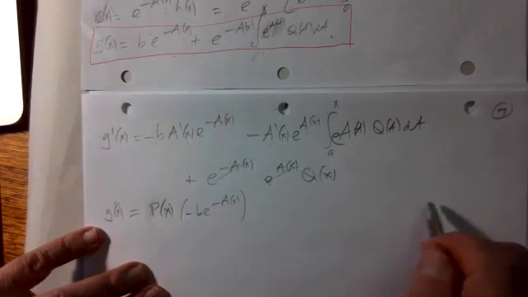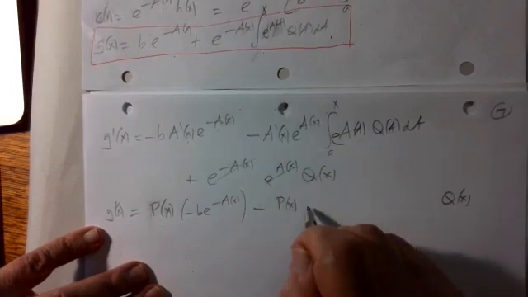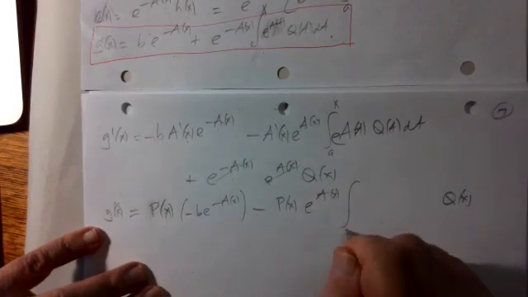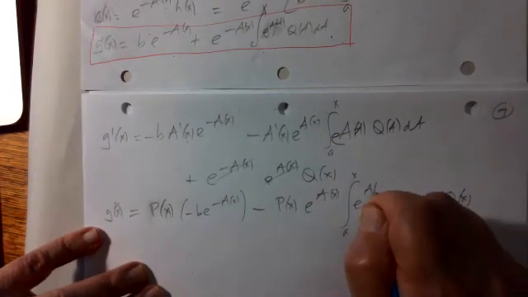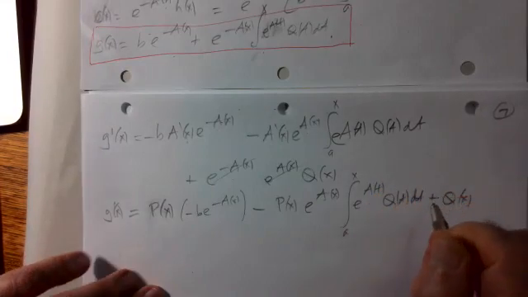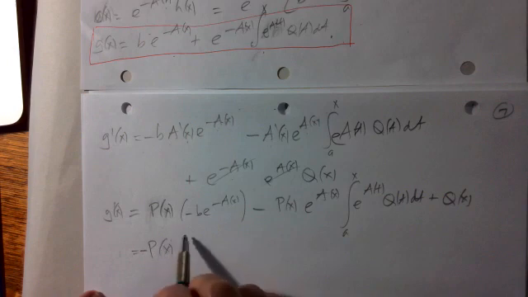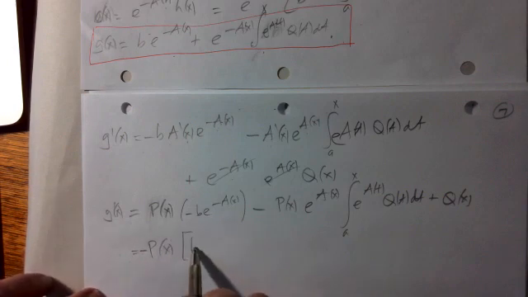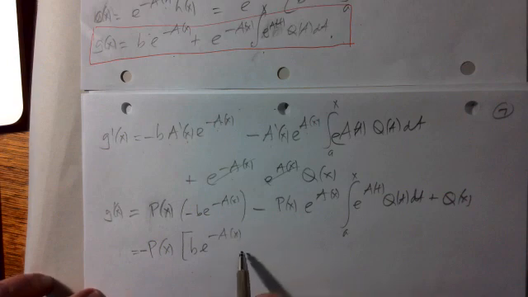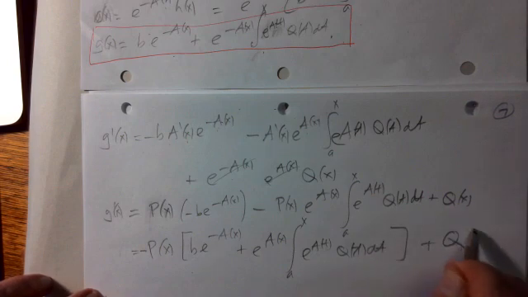This cancels, that's a q of x, minus a prime of x, that's p of x again, e to the minus a of x, integral from a to x, e to the a of t, q of t dt. I have a minus on, I'll take that out. So minus p of x times b e to the minus a of x plus e to the minus a of x, the integral from a to x, e to the a of t, q of t dt, plus q of x.